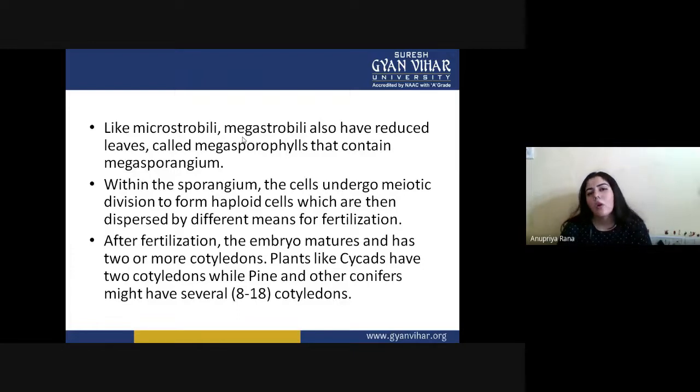This character of having multiple cotyledons is absent in angiosperms. Angiosperms have just two types, either monocotyledon or dicotyledon, so they have either one cotyledon or two. But in gymnosperms it can vary, and a larger number of cotyledons can be present inside these gymnospermic plants.